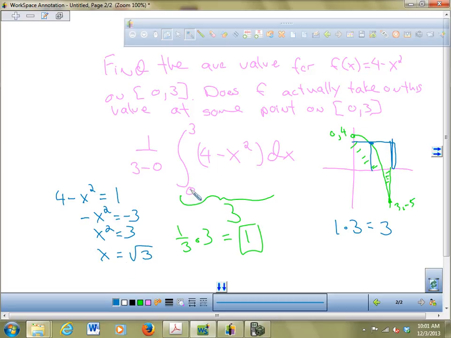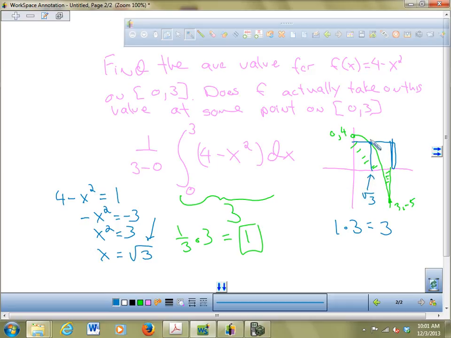So is the square root of 3 between 0 and 3? Yes. Therefore, does f actually take on the value of 1 at some point between 0 and 3? Yes, it takes on the value of 1 when x is equal to the square root of 3. So, not to be confused, the x value is the square root of 3.